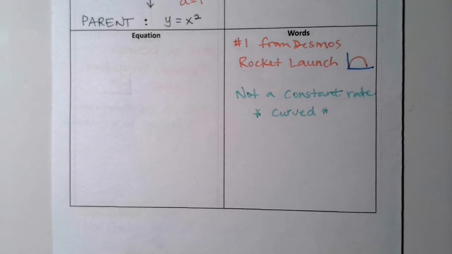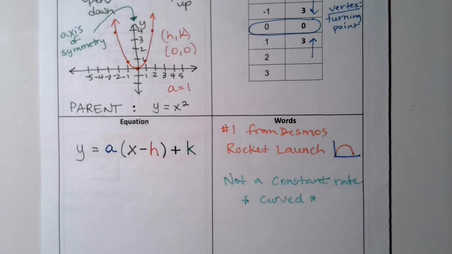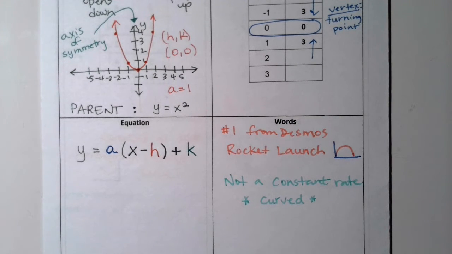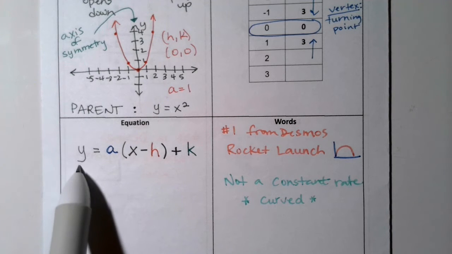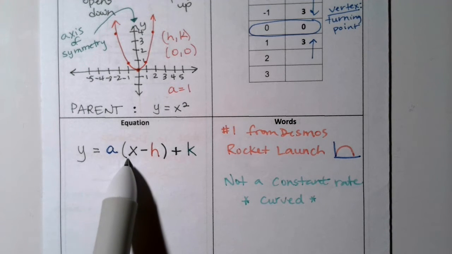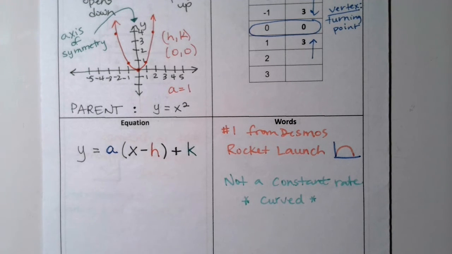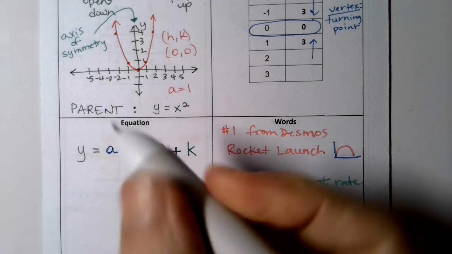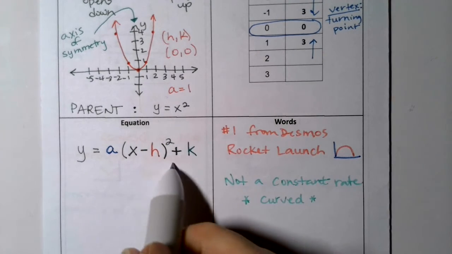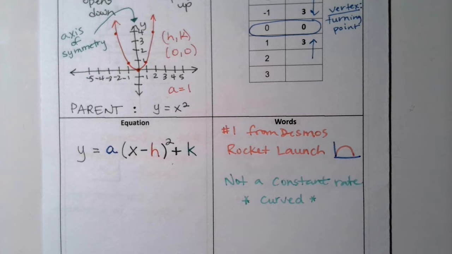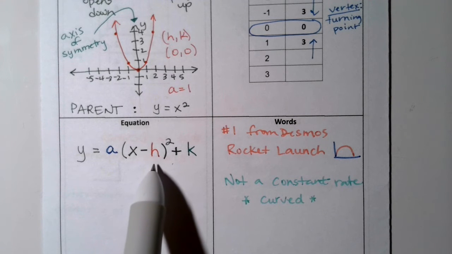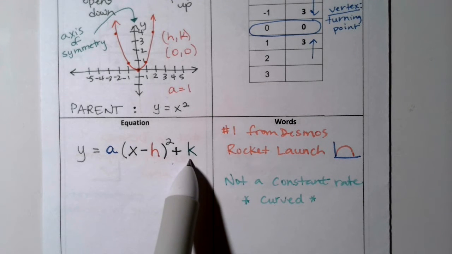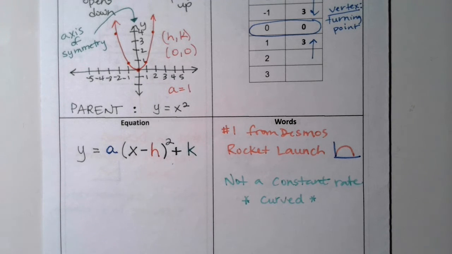We are going to look at the vertex form of the equation. This equation is what we call vertex form, where we have y equals a times the quantity x minus h squared plus k. And we discovered that h, k correspond to the vertex.